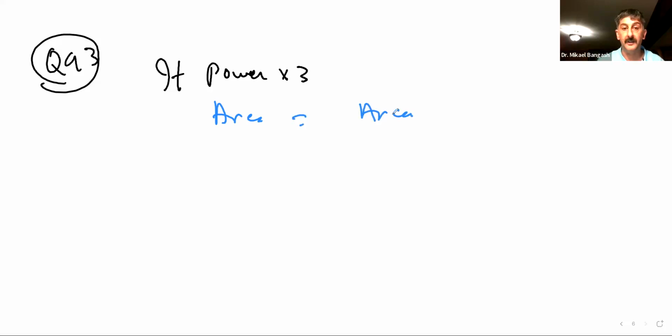But the power increases 3 times, then the intensity is also going to increase 3 times. Clear? That's your answer.